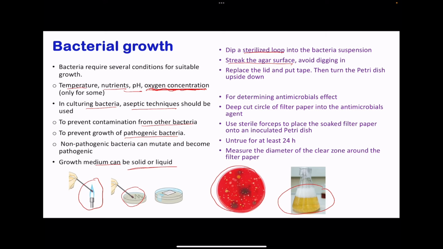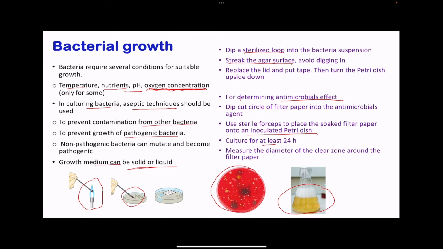Then you can replace the lid, put tape on and label the petri dish, and then turn it upside down. Turning it upside down prevents the condensed vapor from dripping onto the agar. If you want to determine the antimicrobial effect of some plant extract, dip the card filter paper into the antimicrobial agent, and then use sterile forceps to place the soaked filter paper onto the inoculated petri dish.